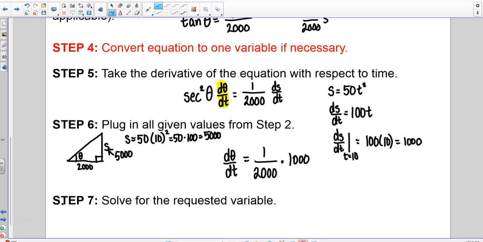So now, at this point, we're going to use the calculator, so I am not going to do Pythagorean theorem, and, like, secant is 1 over cosine. I'm not going to do that necessarily. I am going to find my angle for theta. Okay, so to do that, I'm going to say tangent of theta equals 5,000 over 2,000. And then how do I get rid of a tangent? What's the inverse of a tangent?